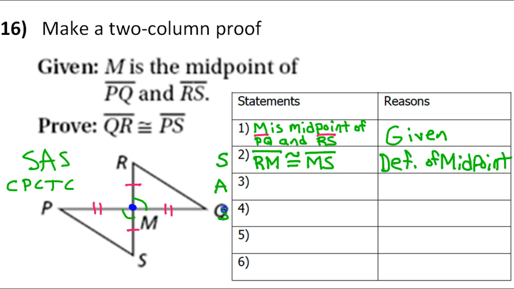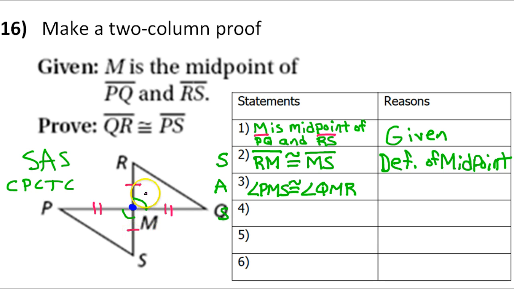Okay, so we're doing side, angle, side. So it's time for some angles. The angles are these here in green. So that's angle PMS is congruent to angle QMR. Do not say angle M is congruent to angle M. It's not the same angle, so you can't call two different angles the same name.